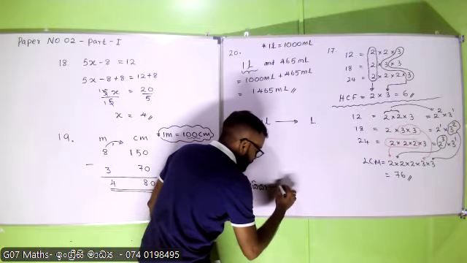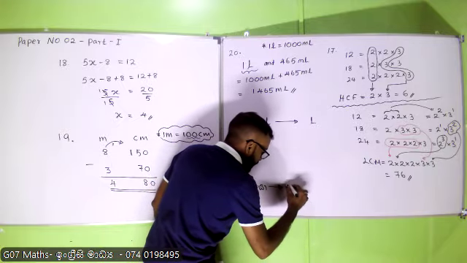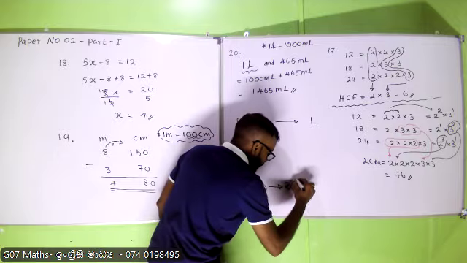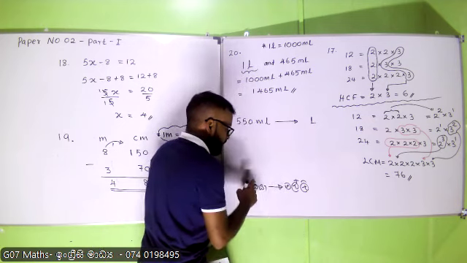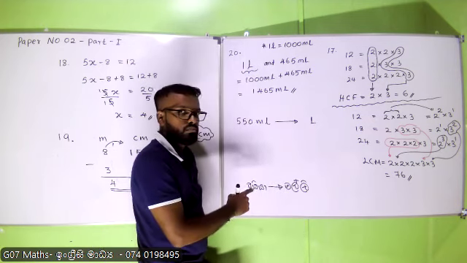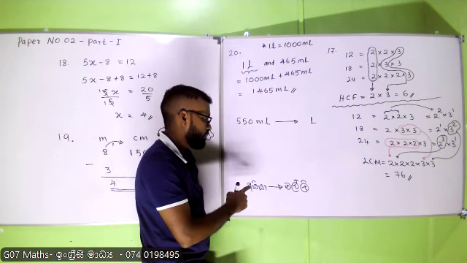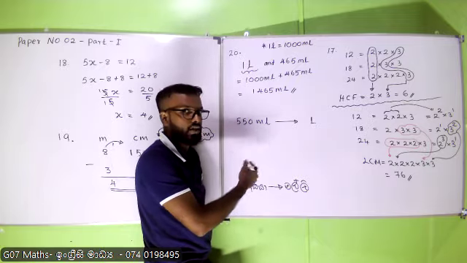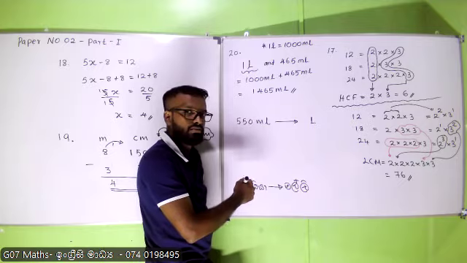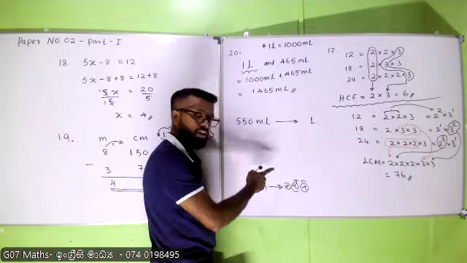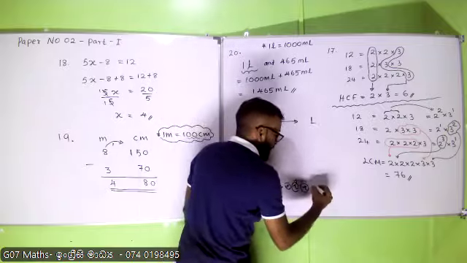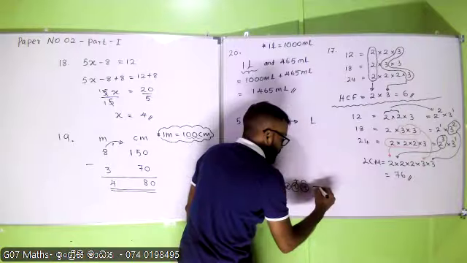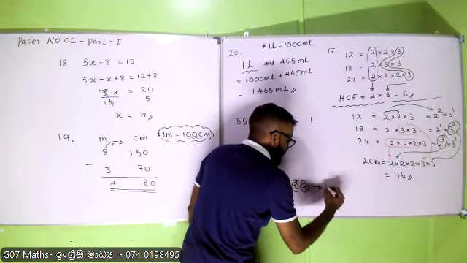Elder brother into small brother, elder to junior, you have to use multiplication.